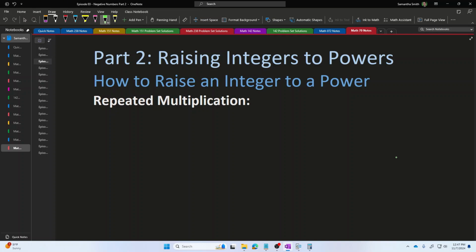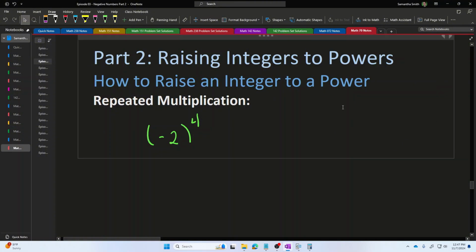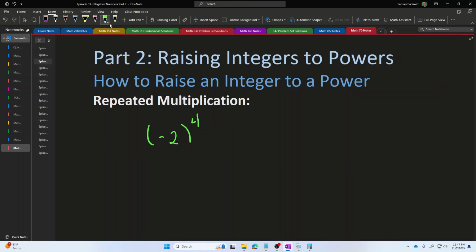We remember, for example, that if I give you negative 2 to the power 4, with an exponent of 4 and a base of minus 2, this notation is telling us to take 4 copies of negative 2 and then multiply those 4 copies together.